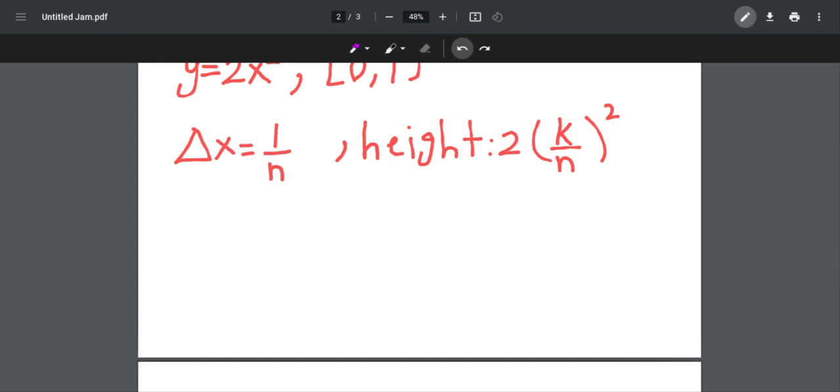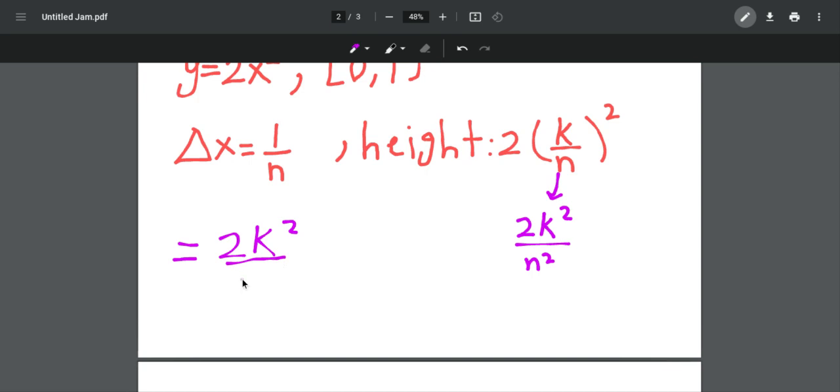If we simplify this part, it is k squared over n squared, so we get 2k squared over n squared. And now if we multiply it by the delta x, we get 2k squared over n cubed.